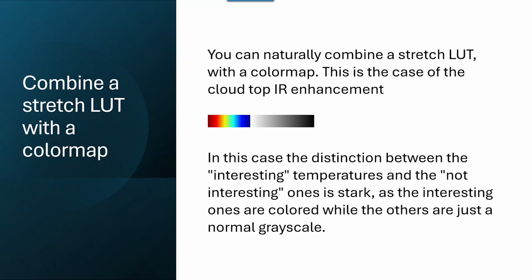This is the case of the cloud top infrared enhancement. In this case, the distinction between the interesting temperatures and the not interesting ones is stark, as the interesting ones are colored while the others are just a normal grayscale.